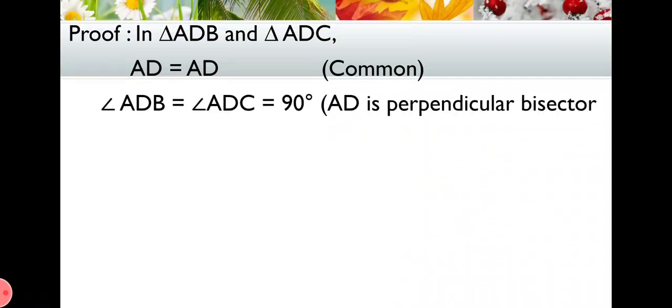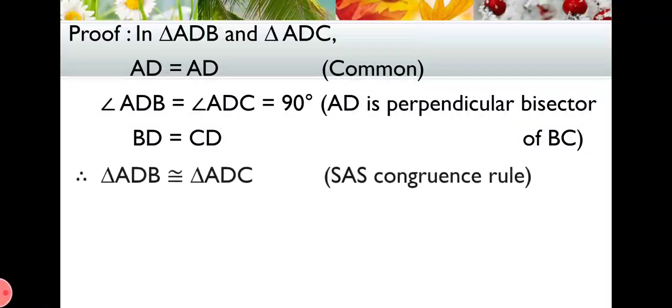In triangle ADB and triangle ADC, AD equal to AD, this is the common side between both the triangles. Angle ADB equal to ADC equal to 90 degree because AD is perpendicular bisector of BC, and BD equal to CD because again AD is bisector of BC, means it divides BC into two equal parts, that is BD and CD.